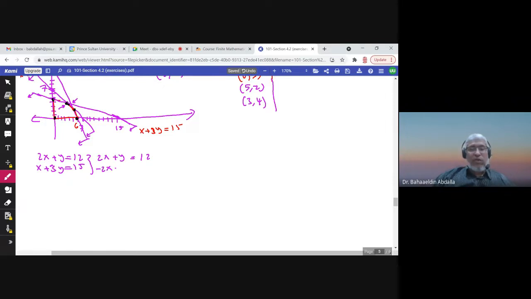So negative 2x minus 6y equals negative 30. So negative 5y would be 12 minus 30, negative 18. So y is 3.6.